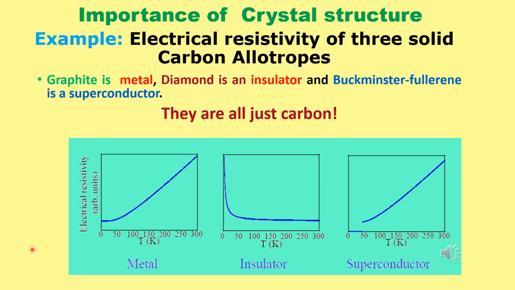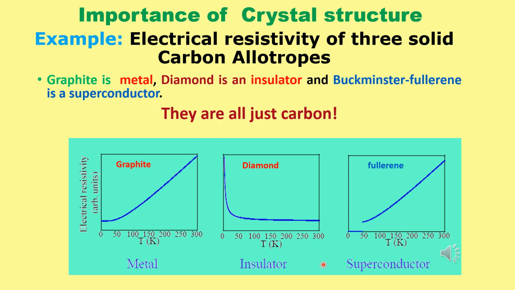If we see the resistivity for graphite, diamond and fullerene, these are all carbon atoms. In the case of graphite, it shows metallic behavior in the resistivity versus temperature curve, whereas the diamond shows insulating behavior, whereas this Buckminster fullerene, or simply fullerene, shows some superconducting nature.